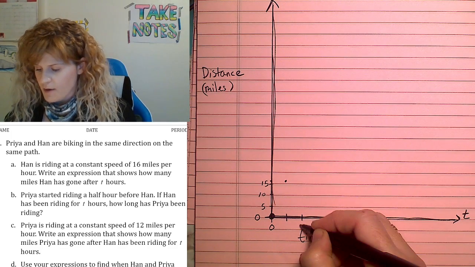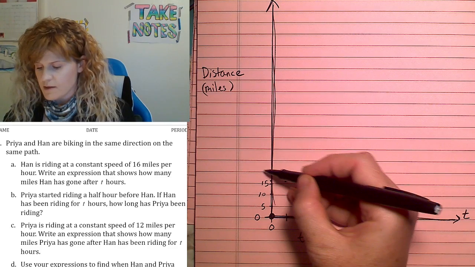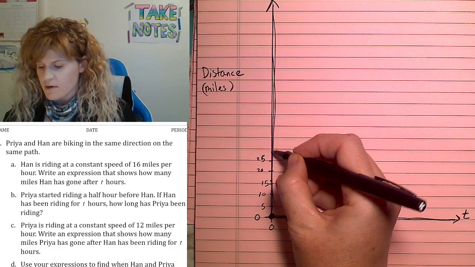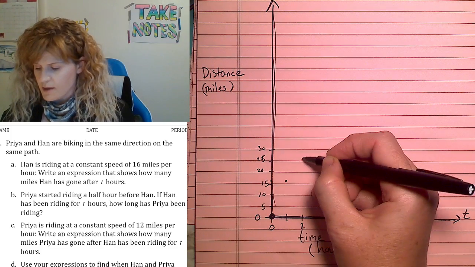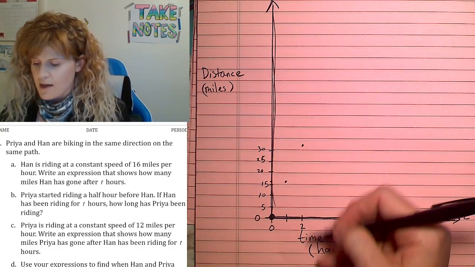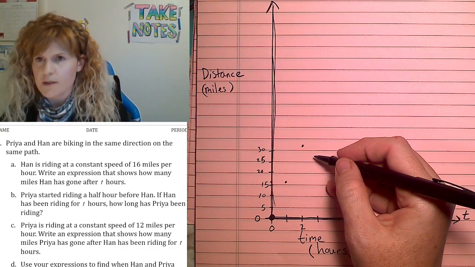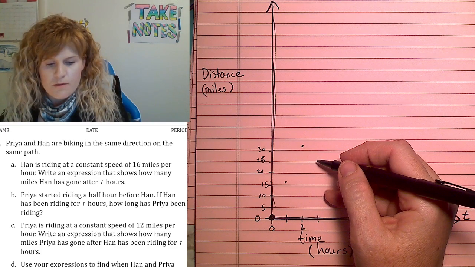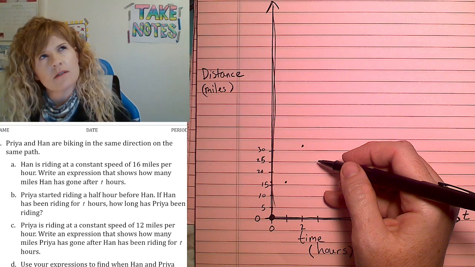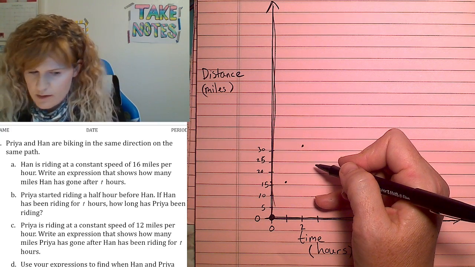And then at 2 hours, he's gone 32 miles. So 15, there's 20, 25, 30. So at 2 hours, 32 is right, I don't know, something like that. And let me just go all the way out to 3 hours. 3 hours is 16 times 3. So that's 30, 42. Huh?